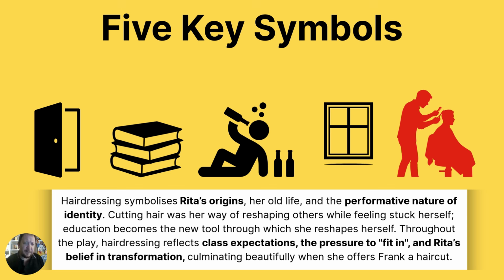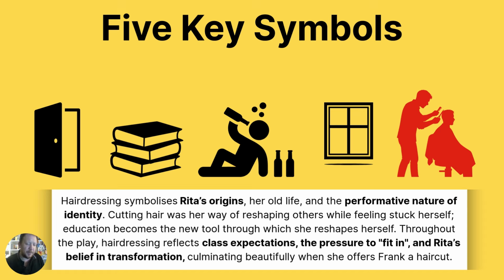And then finally, the final symbol before we look at the ending is that idea of hairdressing. Hairdressing symbolises Rita's origins, her old life, but also the performative nature of identity. Cutting hair was her way of reshaping others while feeling stuck herself. Education becomes the new tool with which she reshapes herself.